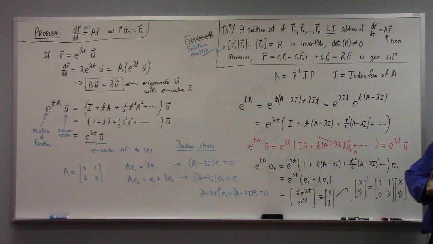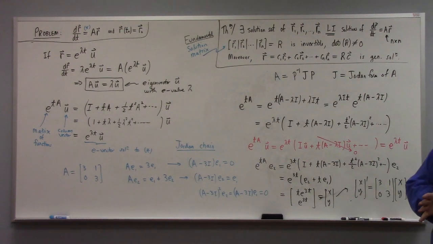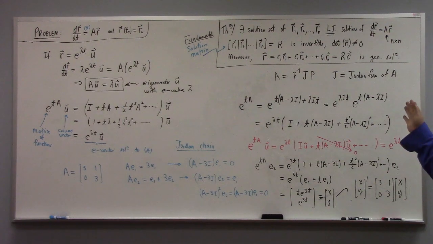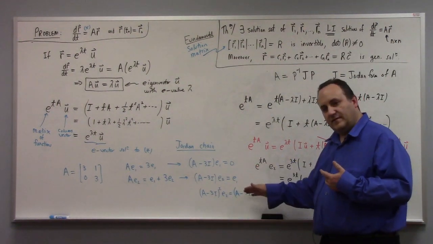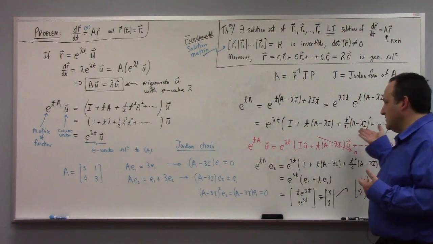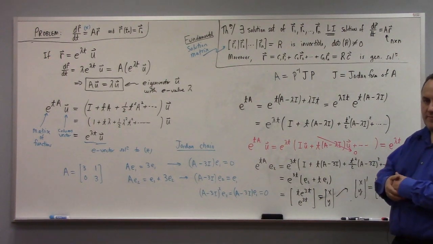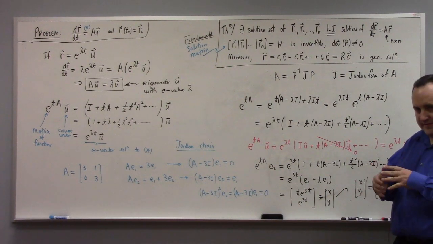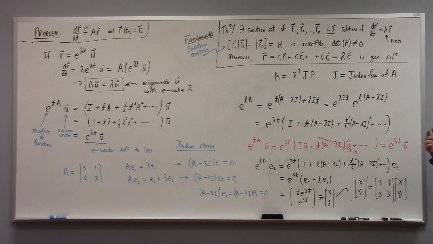So basically what I'm telling you is, to solve dr/dt equals A r, if you can learn how to find a Jordan basis for the matrix where your Jordan vectors are arranged in these chain conditions, then you can just feed those to the matrix exponential and it'll pop out solutions for you. Now, the complication I have not made manifest is that sometimes the eigenvalues are complex, and in that case, you have an abundance of riches.